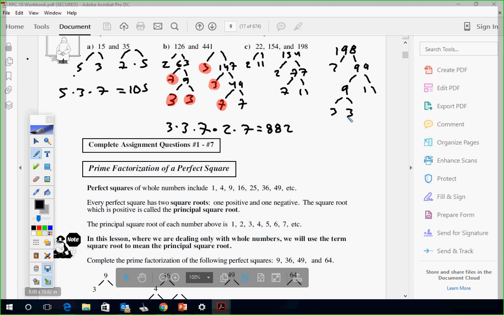All right, so this is where we go back, and so we say, okay, they all have a 2 in common. So that's done. 2. They all have an 11 in common.